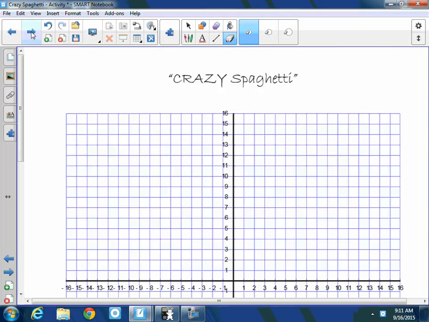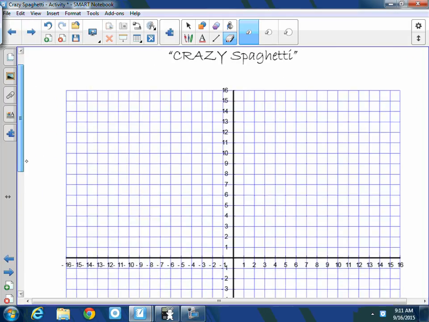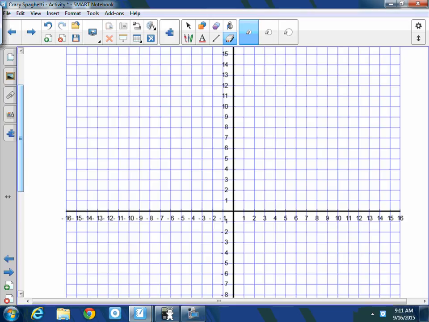I just need one person to copy it, and let's go ahead and graph it. What was 3 and -3? 3 and -3. And what was the other one? 4 and 1.